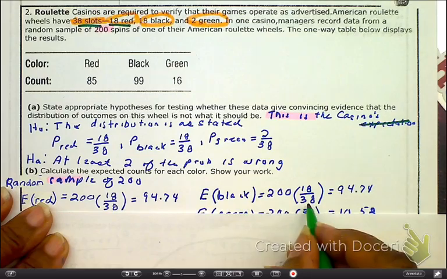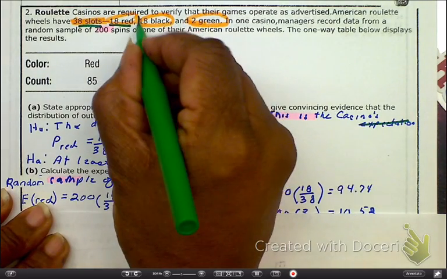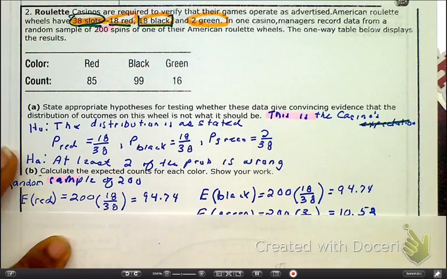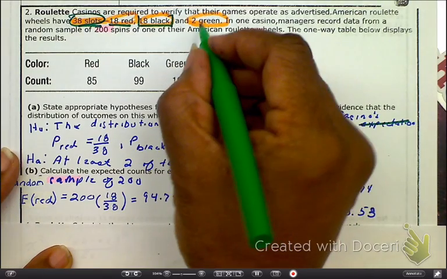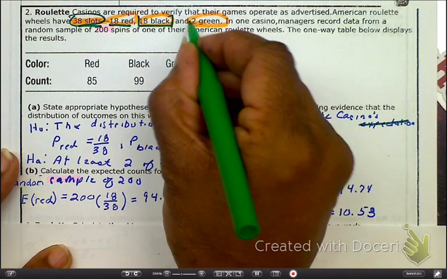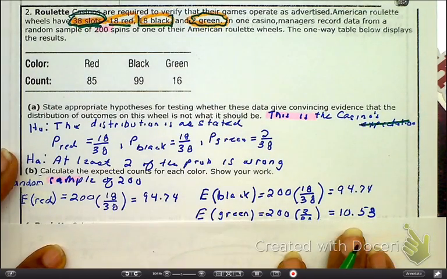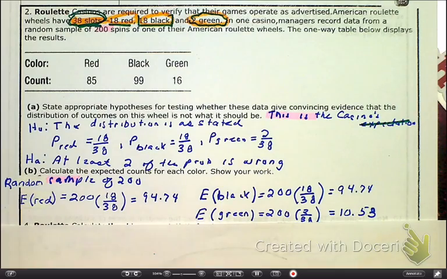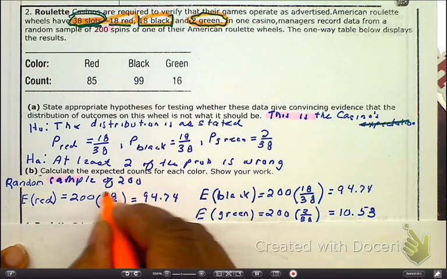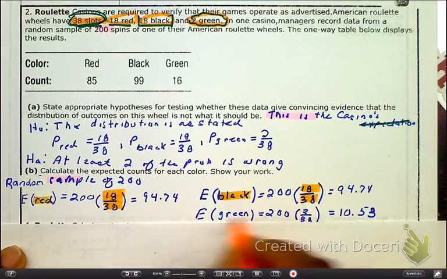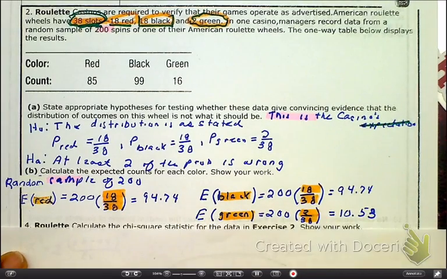Now as we look at the black, they say again 18 out of the 38 are going to be black. And then finally, they say that 2 out of the 38 are green. So that's where I got these values from right here, for the red, for the black, for the green.